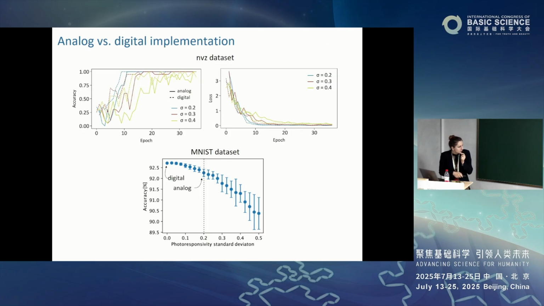And actually, here is a nice summary: you will have some standard deviation with your photoresponsivities with the analog device, but you can see that the difference won't be that big. It will be on the order of 0.5%. So basically, we did something that is as good as a computer.